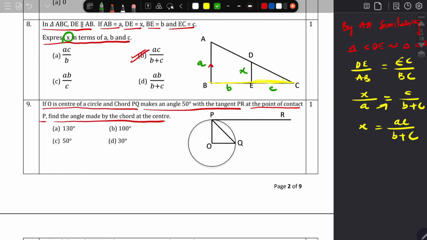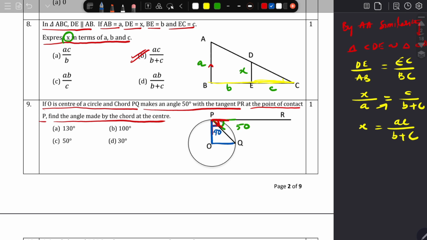Now, the angle between the tangent at P and the chord is mentioned, which is 50 degrees. And we know well the tangent is always perpendicular to the radius, so this is a right angle. Already this green color is 50 degrees. So what about the remaining angle? Can I say this is 40? The small angle is 40. And we know OP is equal to OQ.